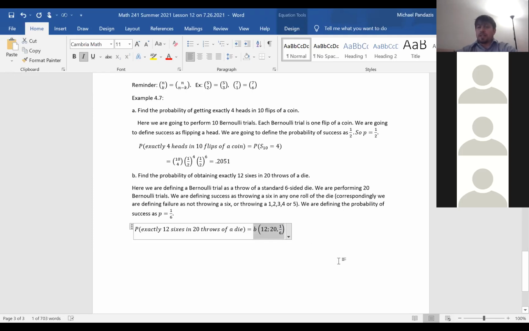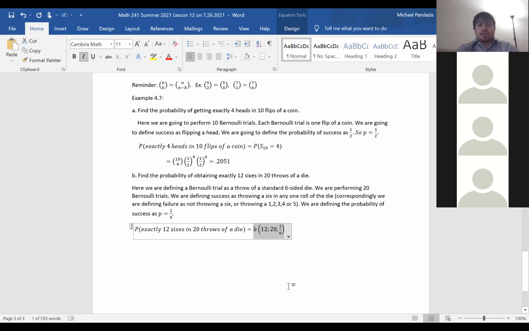It's just talking about the number of Bernoulli trials, the number of successes, and the probability of success. Okay, so it's really cool how you can express many different situations using the same notation. And this notation means you can remove any mention of even the experiment itself.